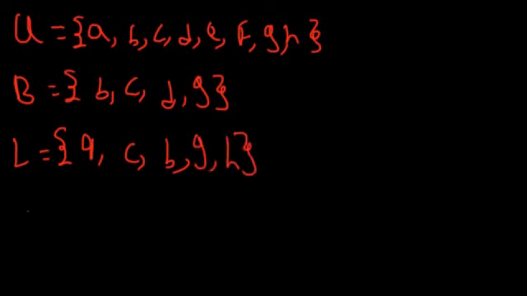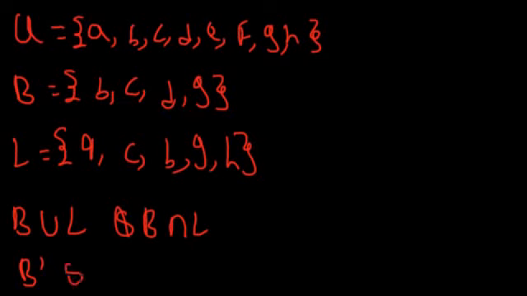Now feel free to pause the video and try to provide the solution to the questions I'm going to ask as follows. What is going to be the value of B union L? Sorry, I used A and B as the sets earlier. So the value of B union L, and the value of B intersection L, and at the same time B prime and L prime, or L complement.